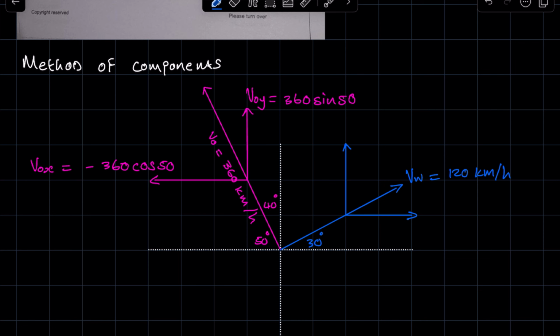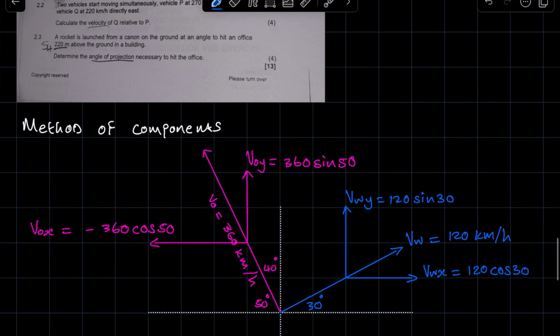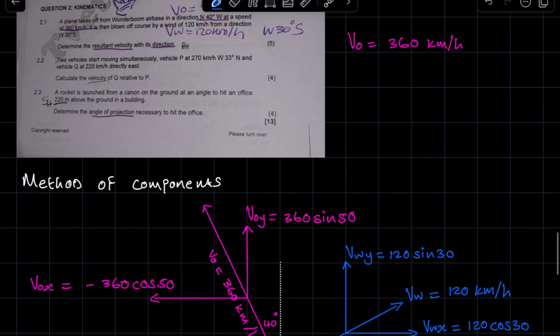So VW in the y direction is 120 sine 30 degrees, and VW in the x direction, going east, remains positive: 120 cos 30 degrees.